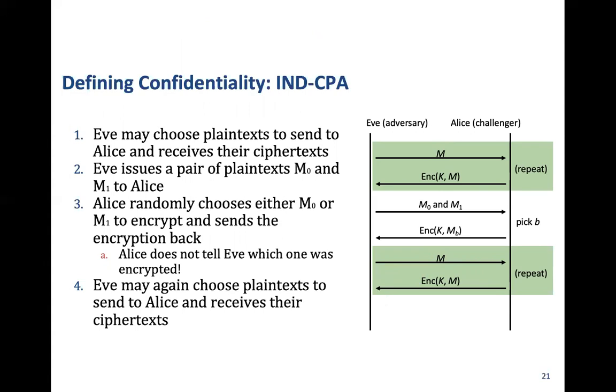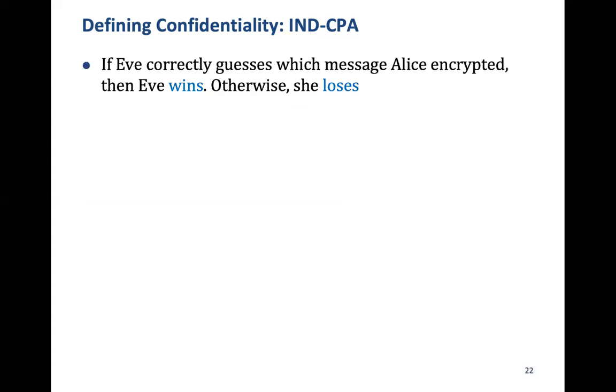So what do we conclude from that? If Eve correctly guesses which message Alice has encrypted, whether M0 or M1, then Eve has won. Otherwise, she loses.